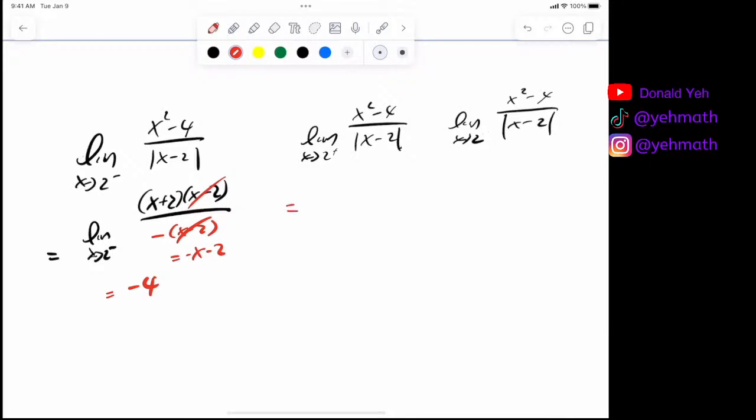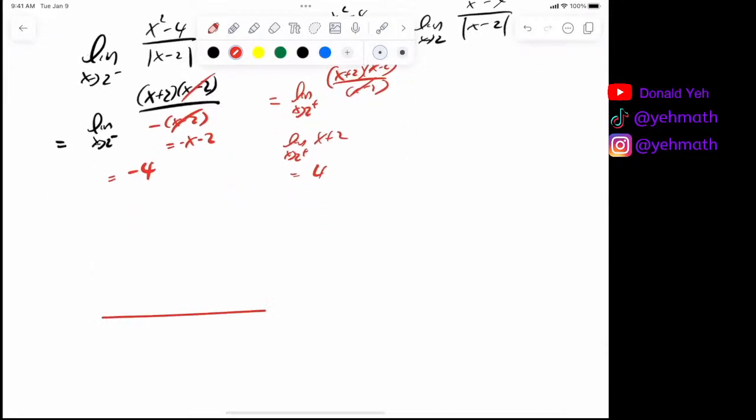And if I do this one, it's going to be the limit as x approaches 2 from the positive side. So it's x plus 2, x minus 2, over x minus 2, and the x minus 2 cancels out, so it's the limit as x approaches 2 from the positive side of x plus 2. And that's going to be 4. So it turns out that if you graph it, I'm going to graph greater than 2.